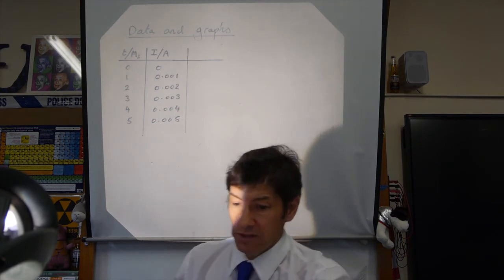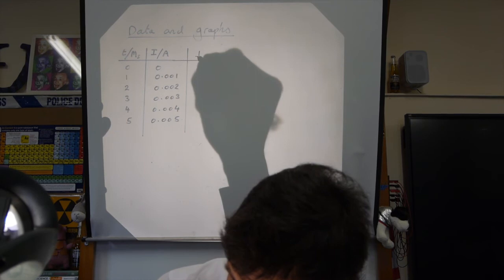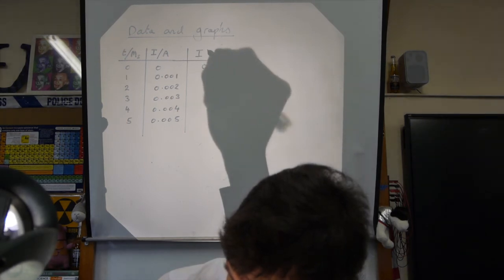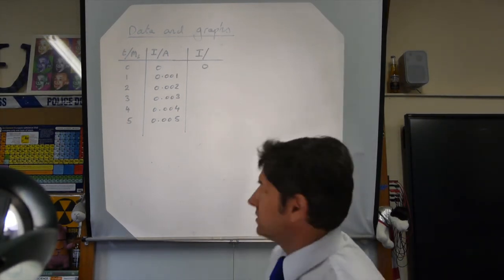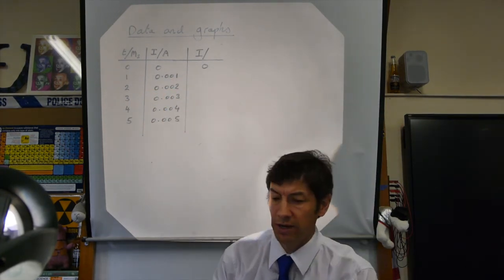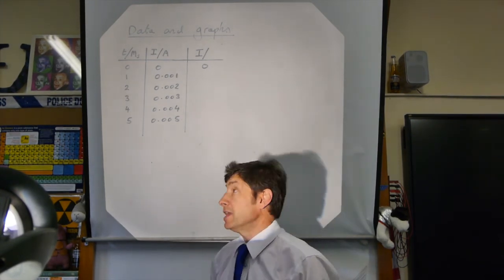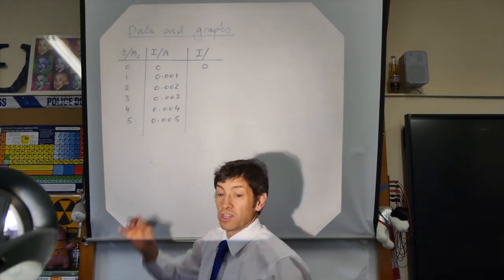Okay, so at time t equals 0, the current is 0. Okay, I put a slash sign there. Maybe I should put it in brackets. Kind of choice is yours, really. Okay, this, as you can see, is 1,000th of an amp.